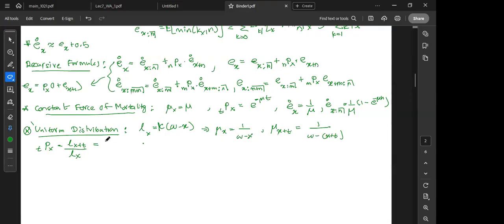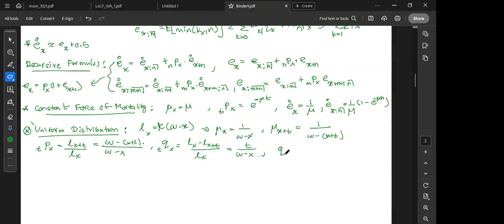By replacing l_x plus t, I get omega minus x minus t over omega minus x. For the death probability, it's the number of deaths between x and x plus t divided by the number of survivors at x, and it gives us t over omega minus x.